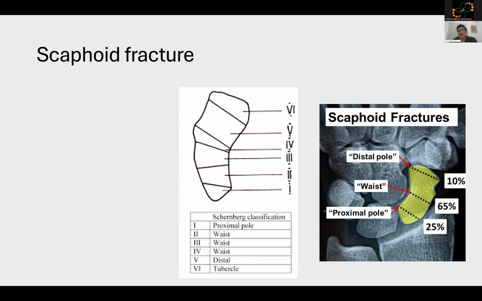Proximal pole fractures account for 25%, and distal pole only 10%. So the most uncomplicated fracture has a lower incidence, and the highest complication fracture has 25% incidence. Even a waist fracture, if not treated properly, can cause complications like AVN of the proximal pole.